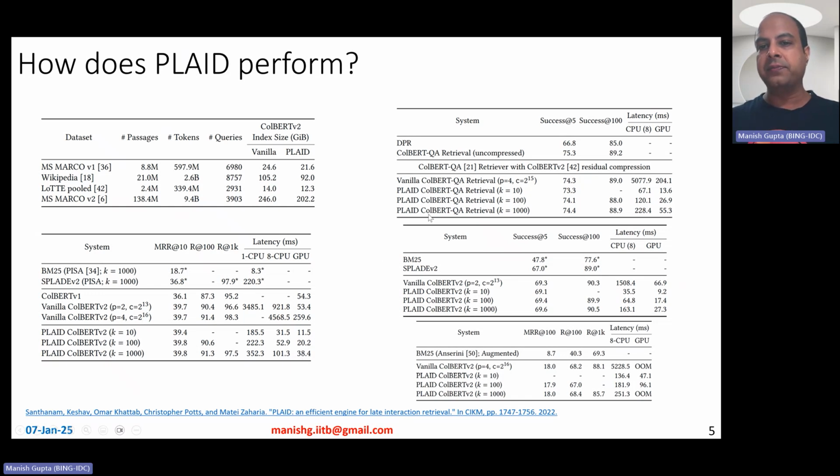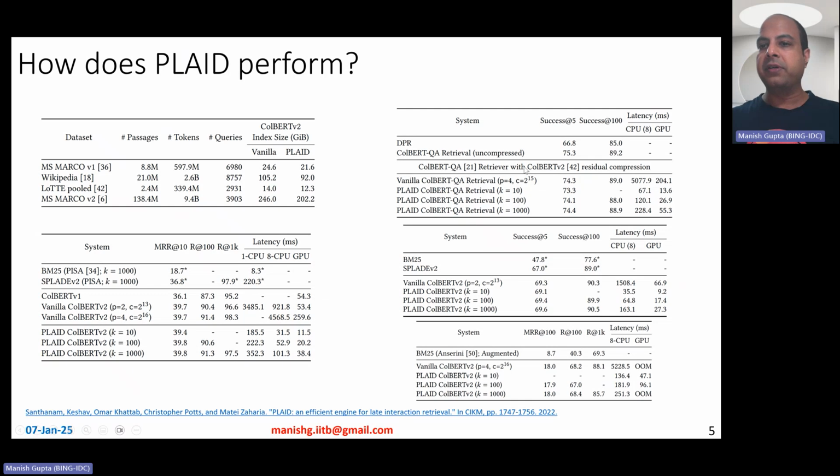So if you look at, again, in general, if you compare with ColBERT V1, the latency for ColBERT V1 is actually higher compared to the latency for ColBERT V2. Okay.